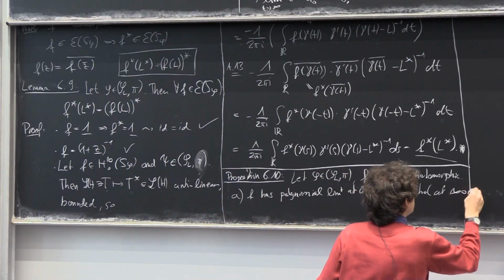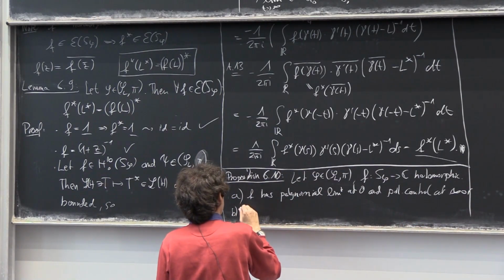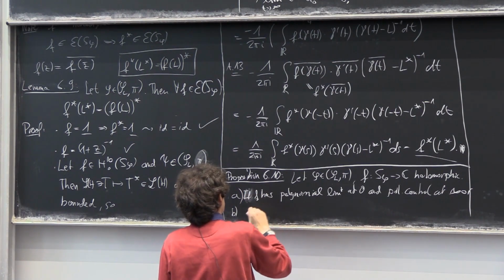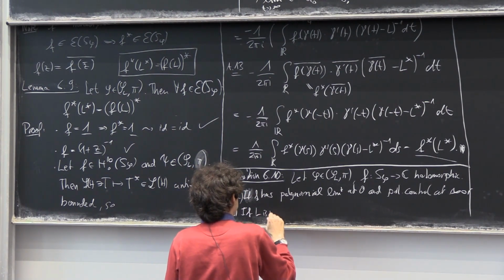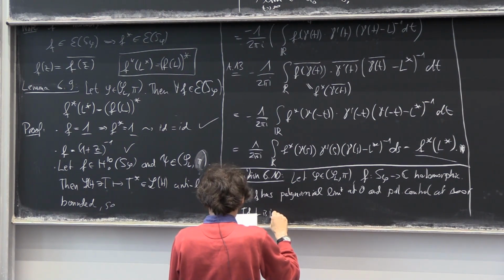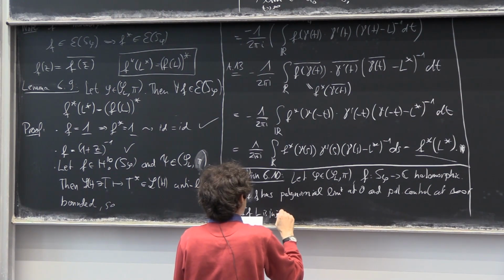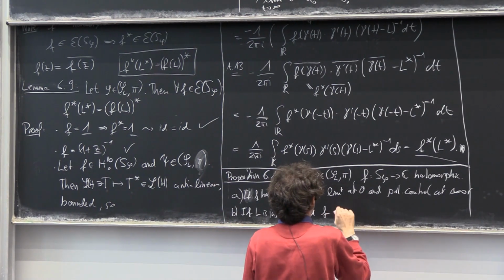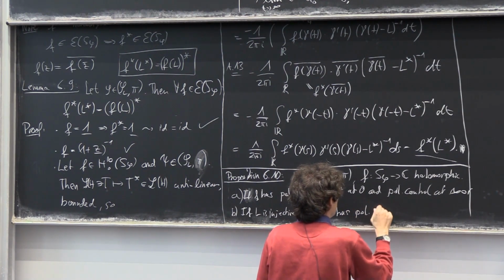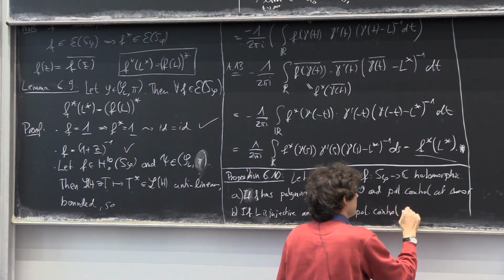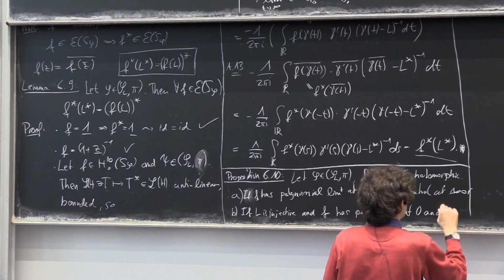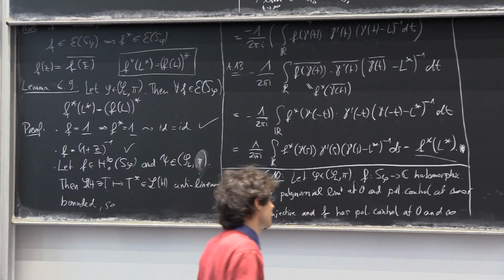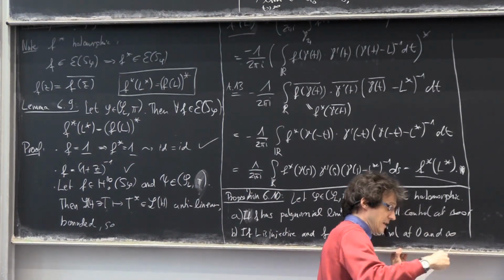Or B: if L is injective, and f has polynomial control at 0 and at infinity, then you can regularize by our second usual regularizer z over 1 plus z squared.